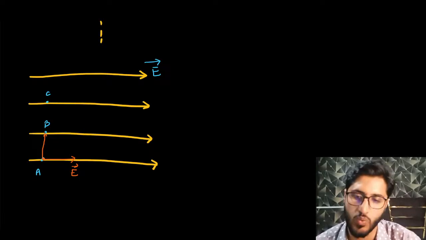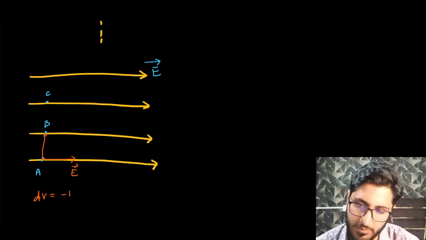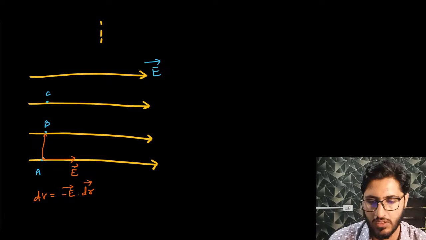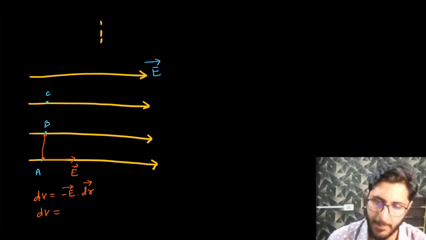We know one equation: dV is equal to minus E dot dr. So dV equals minus E dr.